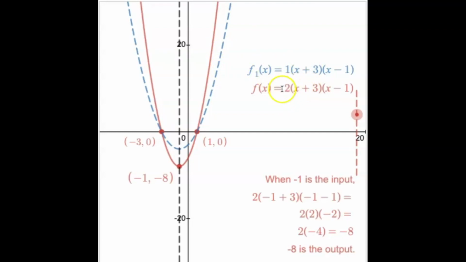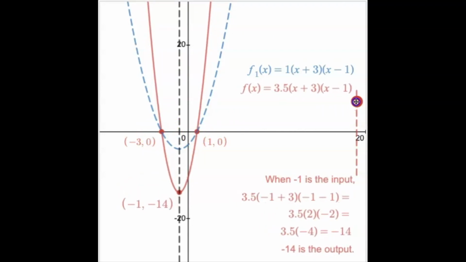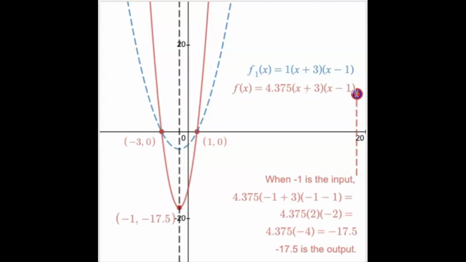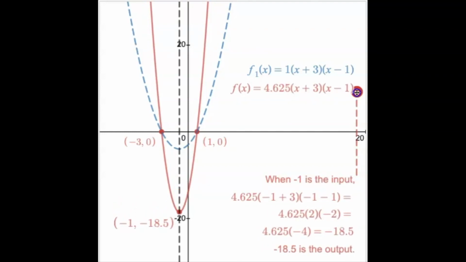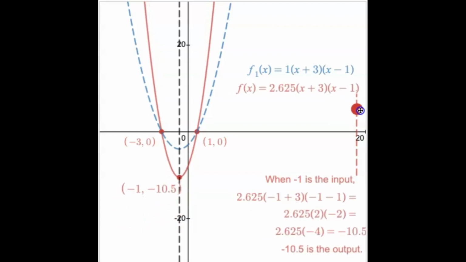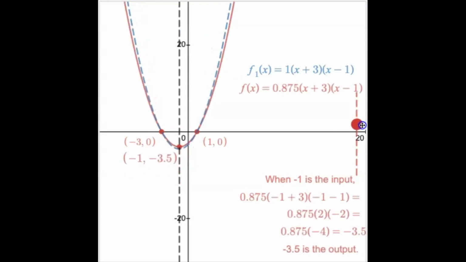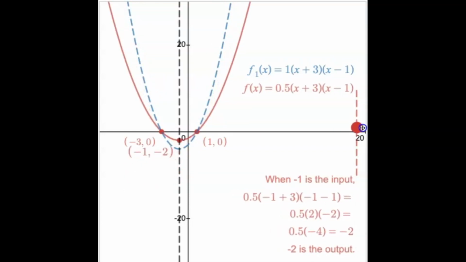The only thing I'm changing is the a value. As you can see, the axis of symmetry stays the same and the zeros stay the same. So we can see that as the a value gets bigger, the parabola is getting skinnier, it is getting stretched vertically. As the a value gets closer to 0, it is getting compressed vertically, or is a wider parabola.